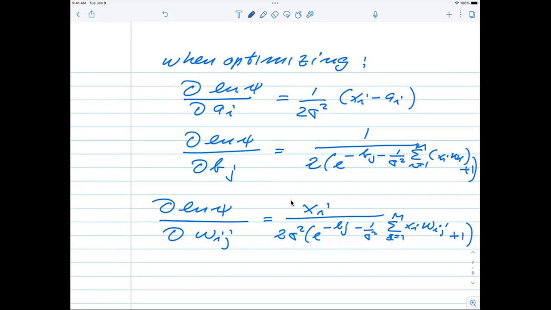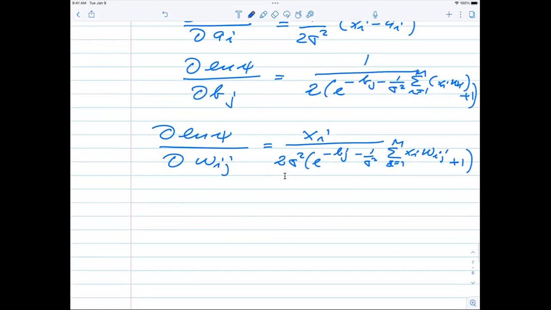So let me see, there's a question in the chat here about the Gaussian or the sigma squared, because we are taking the Gaussian binary approximation for this energy.